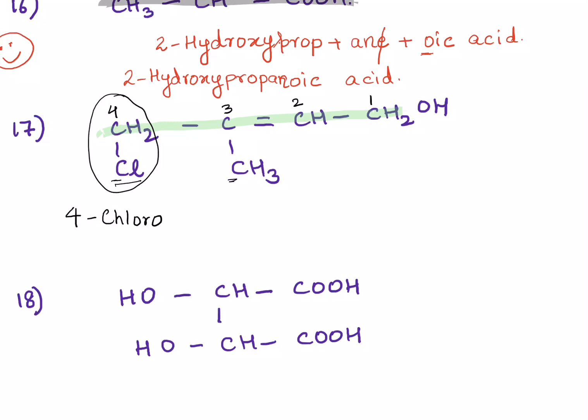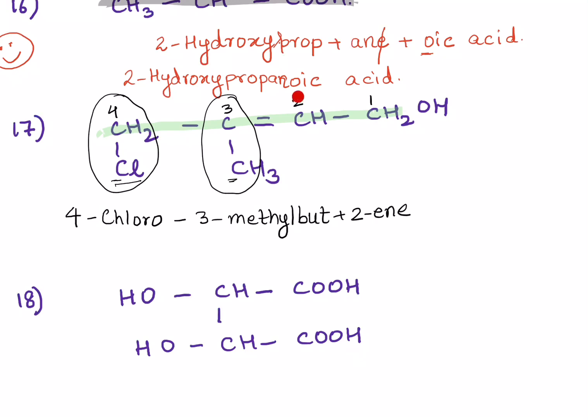At the third carbon, I have methyl. So 3-methyl. Both of them are prefixes. How many carbon atoms in the main chain? 4, so but. Saturated or unsaturated? Unsaturated, so 2-ene, right?